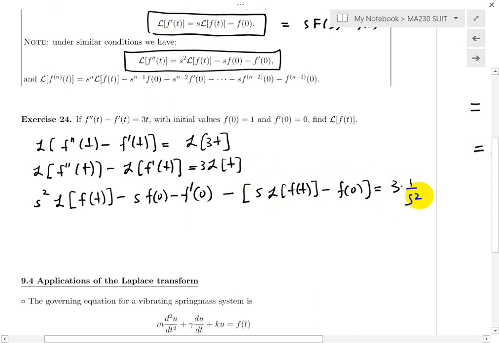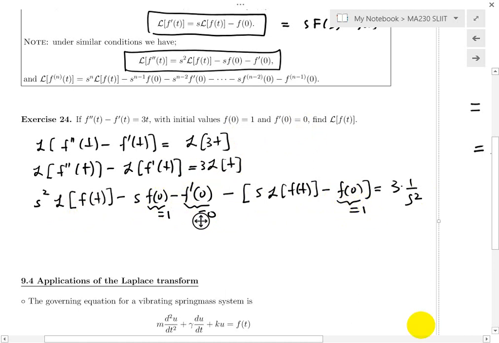Now you should see that what we are asking to calculate is this one, it is here. f(0) is 1, so this number is 1. f prime 0 is 0, so this number is 0. f(0) is 1, so this number is 1. So this is just algebra now.